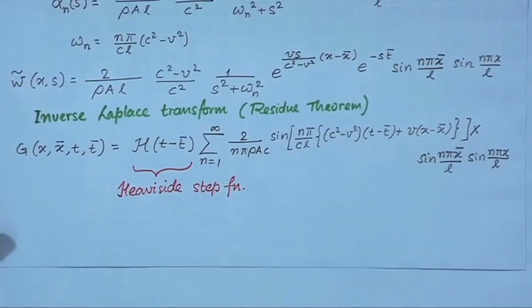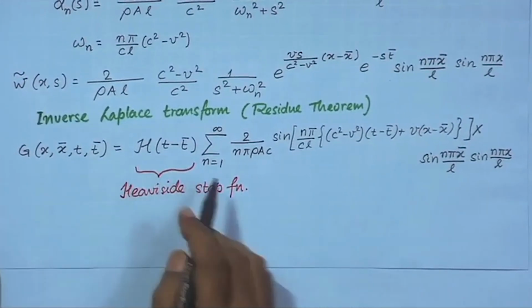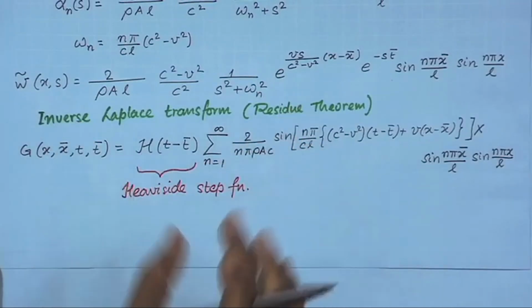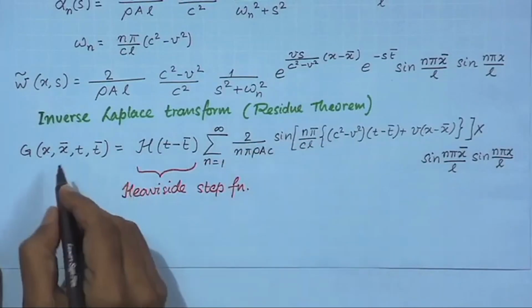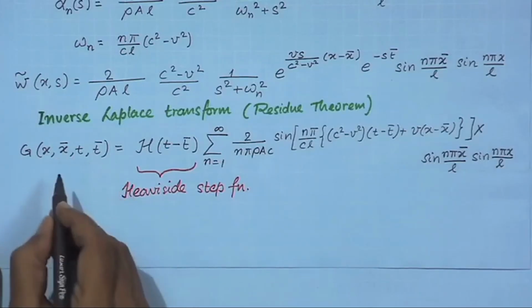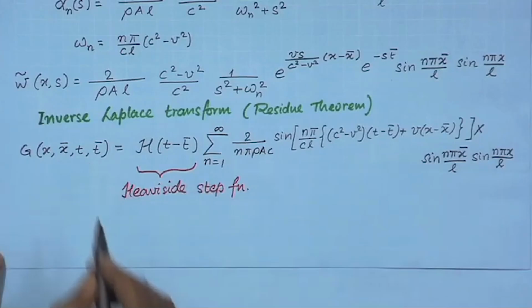So, we have this Green's function, which is a solution of the travelling string with an impulsive force at x equal to x bar and t equal to t bar. This gives the solution at x, t.